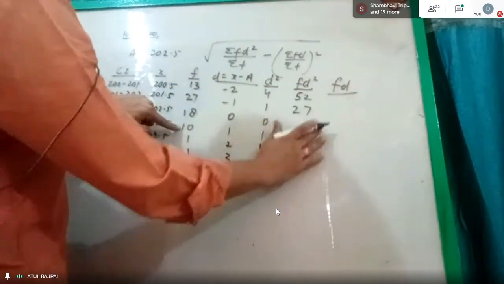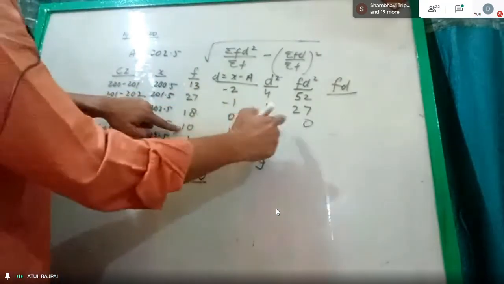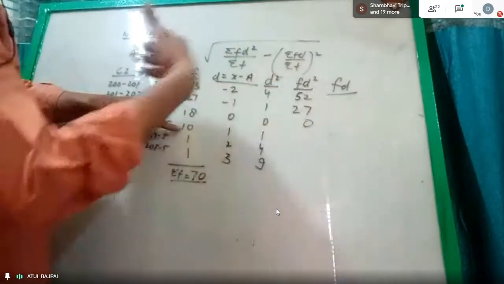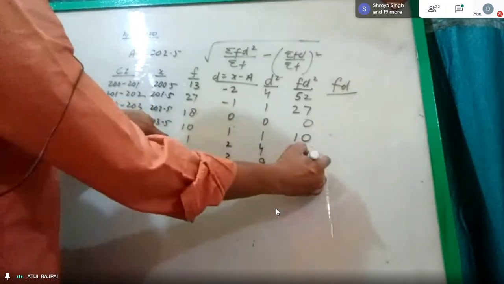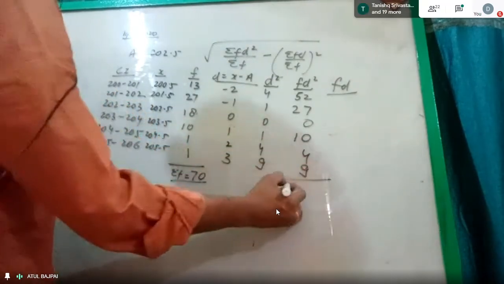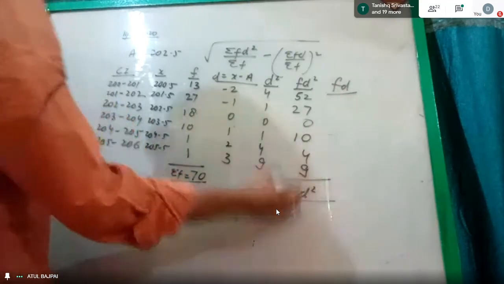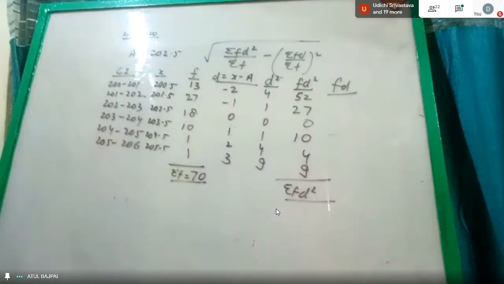So please be alert with 0. In the examination they write 18 and all answers go wrong. 10 into 1, 4 into 1, 1 into 9. Find sigma of FD square. So 102.